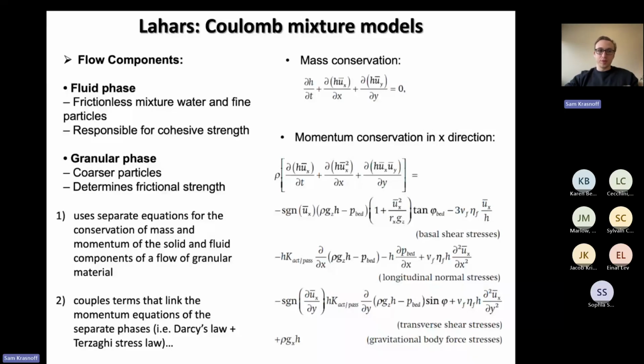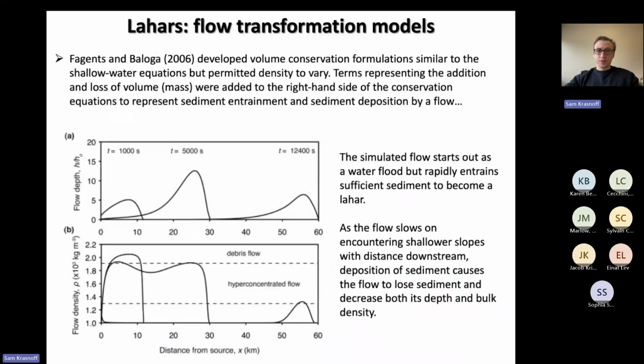This one has both the fluid phase and the granular phase, which adds more realism, but also adds a lot more computation. There are also some flow transformation models that allow the density to vary a bit. But again, this is just one more approach to a Lahar or some type of debris flow model.